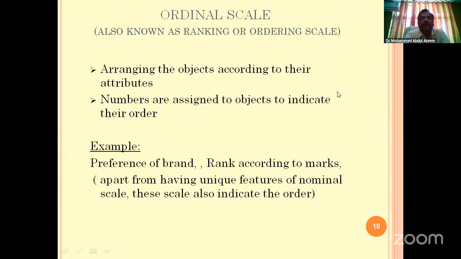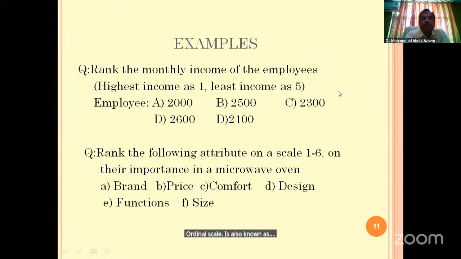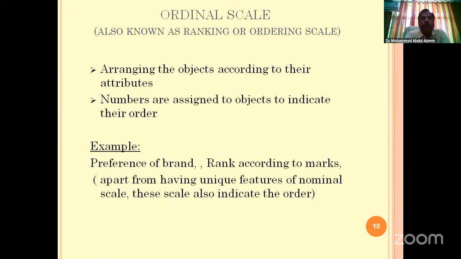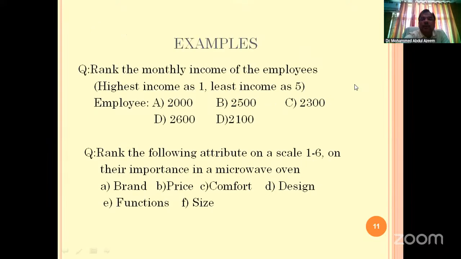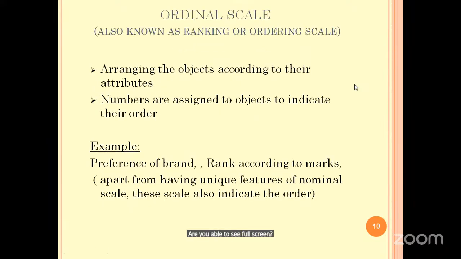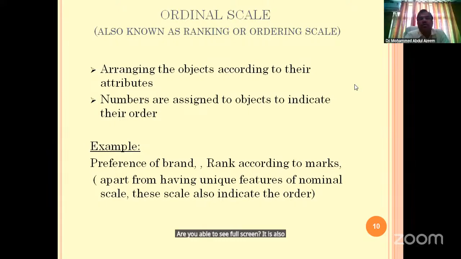Then the second type of scale is ordinal scale. It is also known as ranking scale or ordering scale.